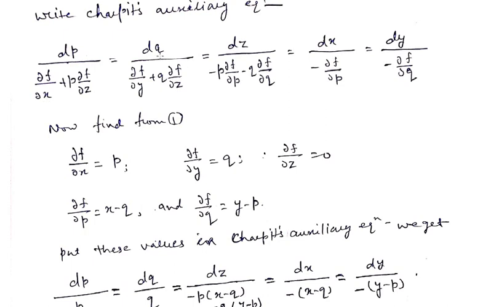Similarly q is del z upon del y, so in the denominator of dq the partial derivatives of f are with respect to y and z, and in the denominator of dz it contains partial derivatives with respect to p and q. In the denominator of dx it contains the derivative with respect to p, and in the denominator of dy it contains the derivative with respect to q.